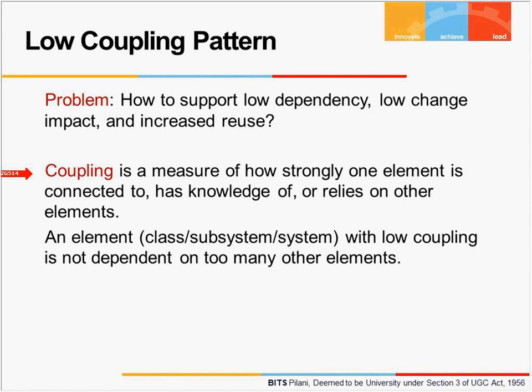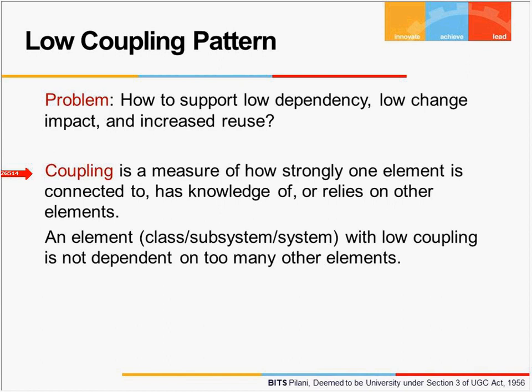Coupling is a measure of how strongly one element is connected to another element, or how strongly one element has knowledge of, or relies on, another element. An element, which could be a class, a subsystem, a module, or a system, with low coupling is not dependent on too many other elements. So the moment we lower the coupling, eventually cohesion becomes high.